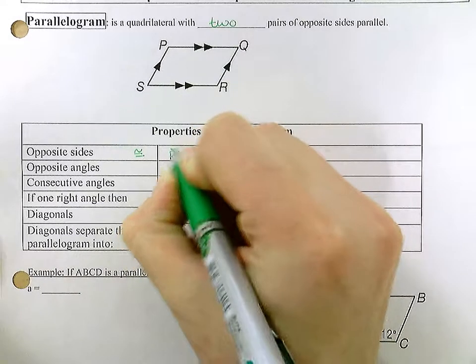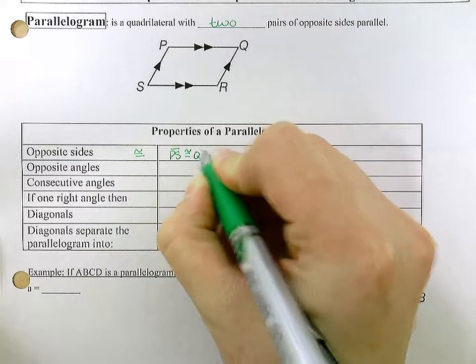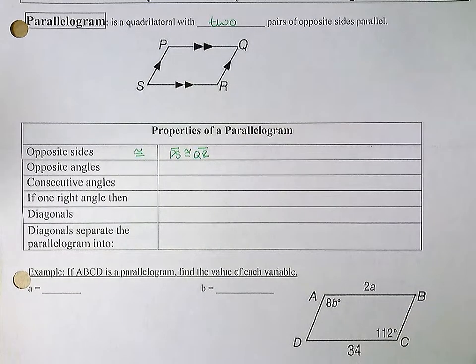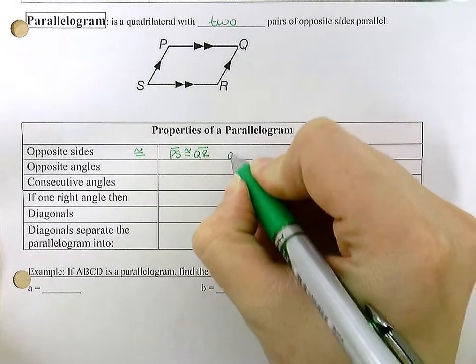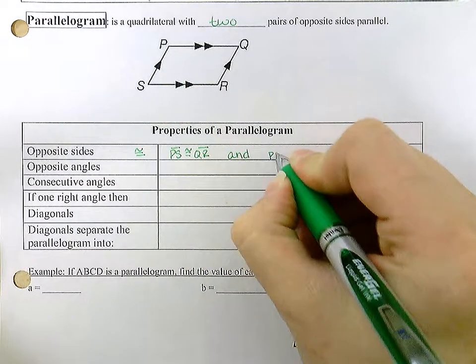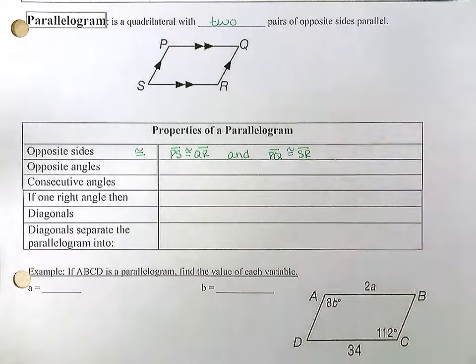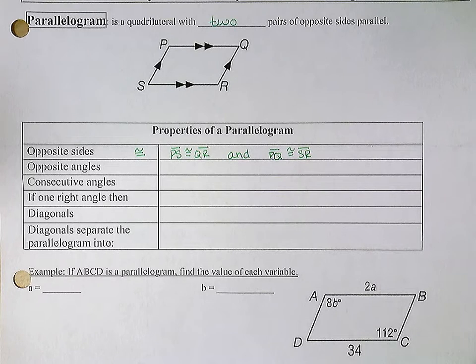I could say PS is congruent to QR. And my other opposite sides, I have PQ is congruent to SR. So those opposite sides are congruent.